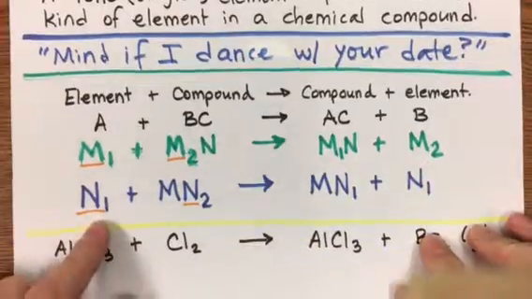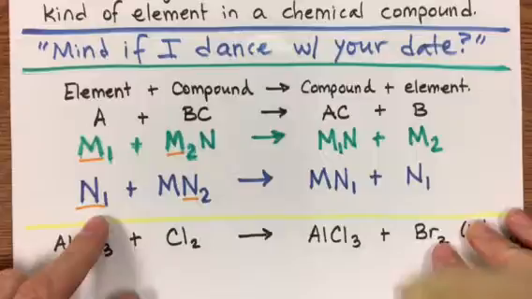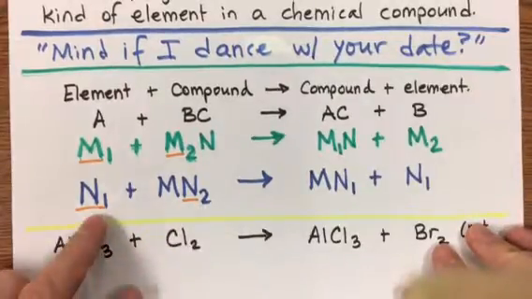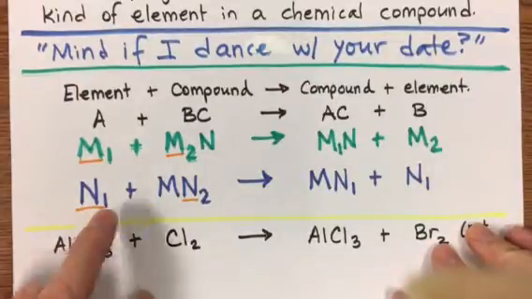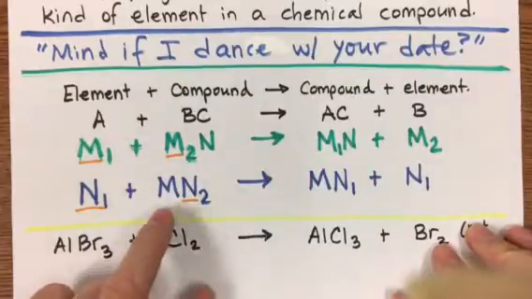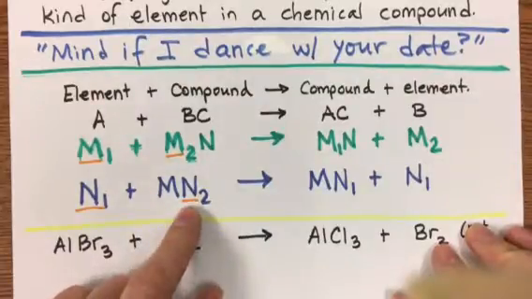You can also have this take place where a nonmetal takes the place of another nonmetal. Here I've shown you nonmetal 1, and it could be chlorine, bromine, fluorine, but nonmetal 1 is there by itself, and in the compound is some metal and nonmetal 2.